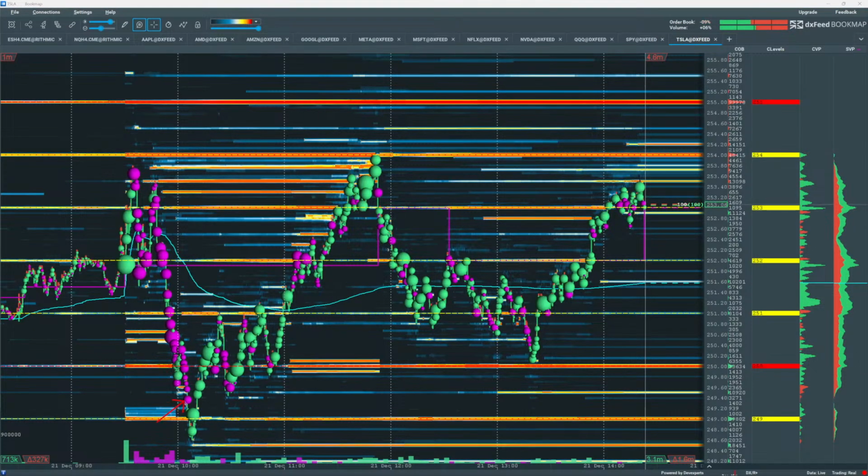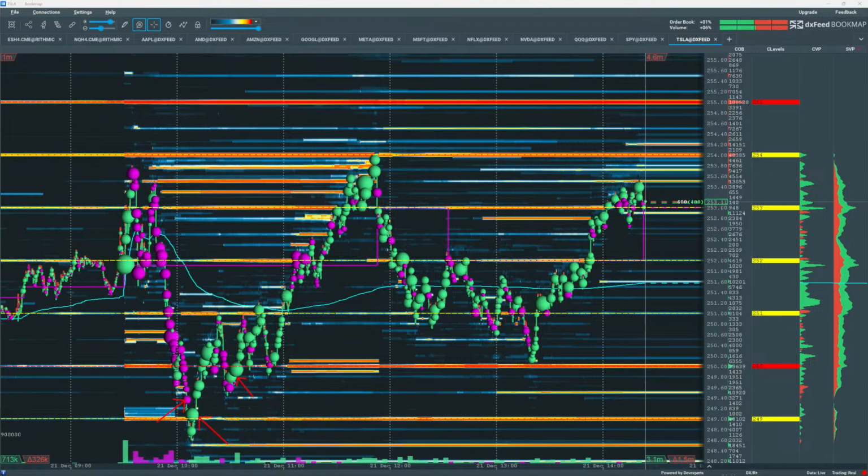Magenta dots on the way down, aggressive sellers, aggressive buyers start to come in. Tesla makes a series of higher lows. Final reversal at the 250 level, and price moves higher. That was good for 3 or 4 points in Tesla.